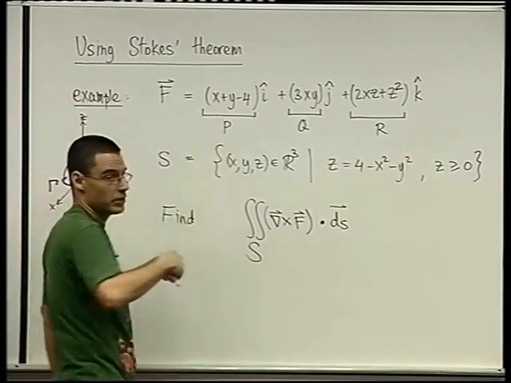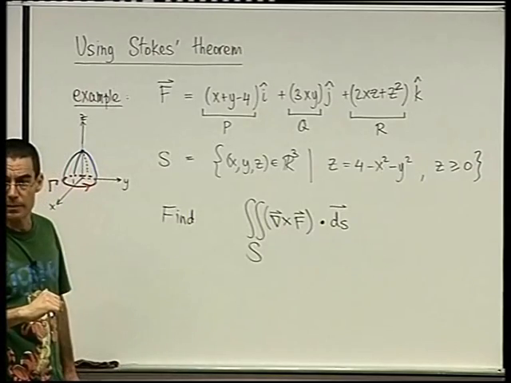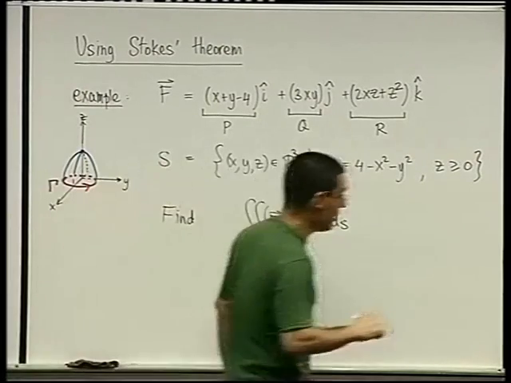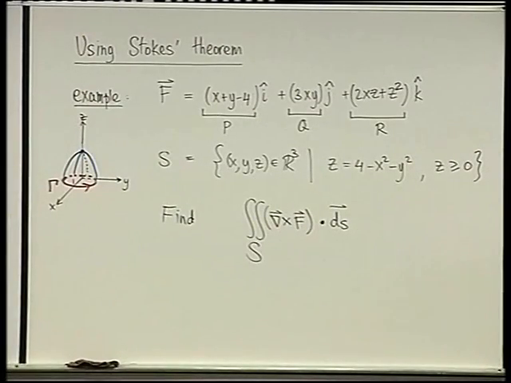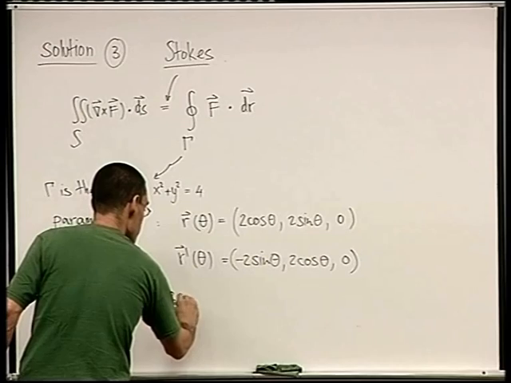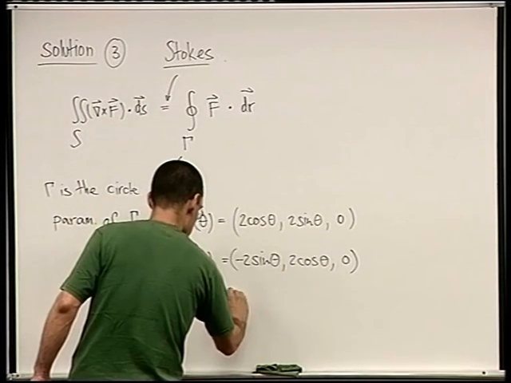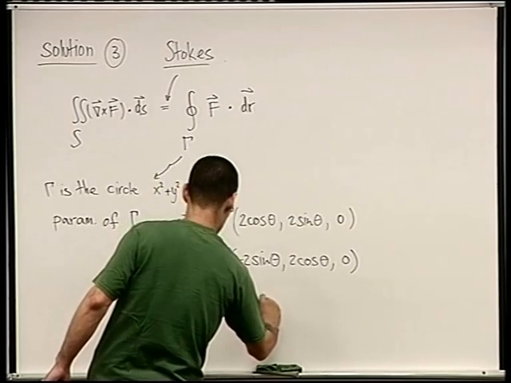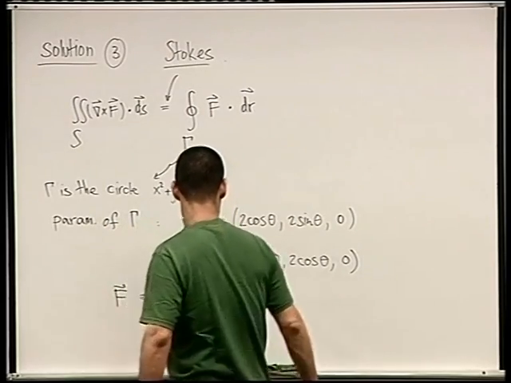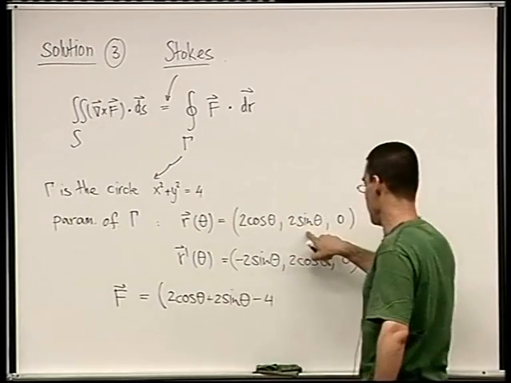Everywhere I see a y, it's 2 sine theta. And everywhere I see a z, it's just 0. Do you agree? So what I get for F is x plus y, minus 4: 2 cosine theta minus 2 sine theta minus 4.